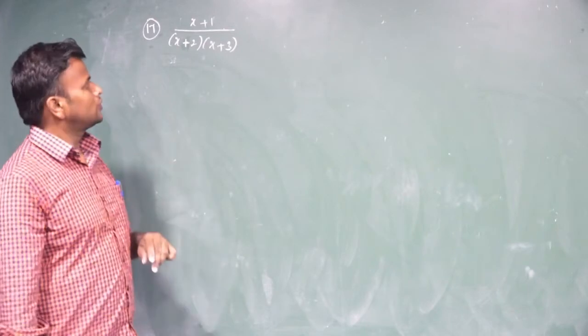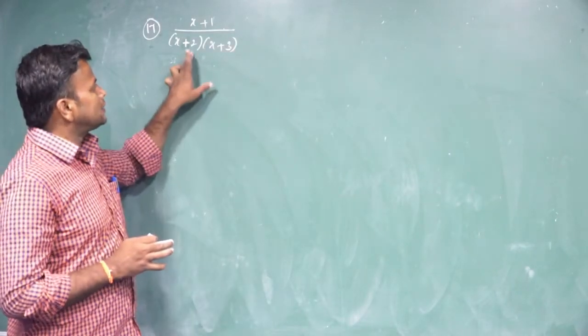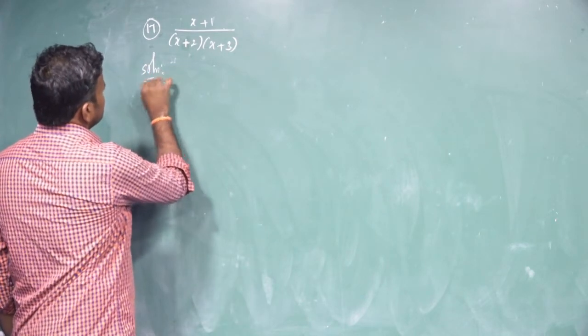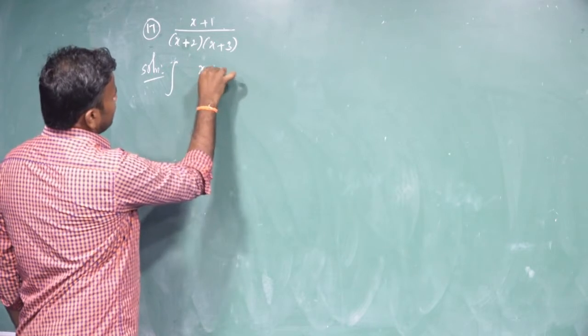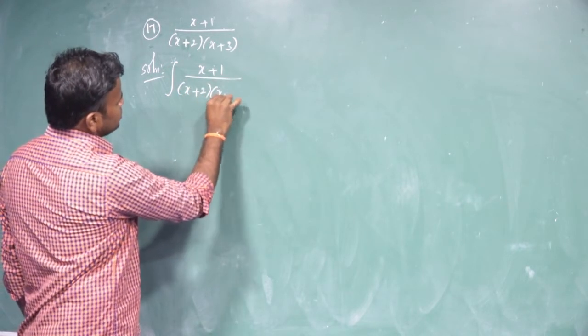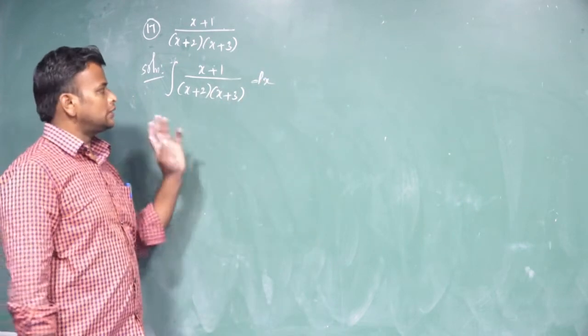Next we see this one. The question is the same: just evaluate or integrate the term with respect to x. Actually we find the integration of x plus 1 divided by x plus 2 into x plus 3, dx. So now we integrate the term.